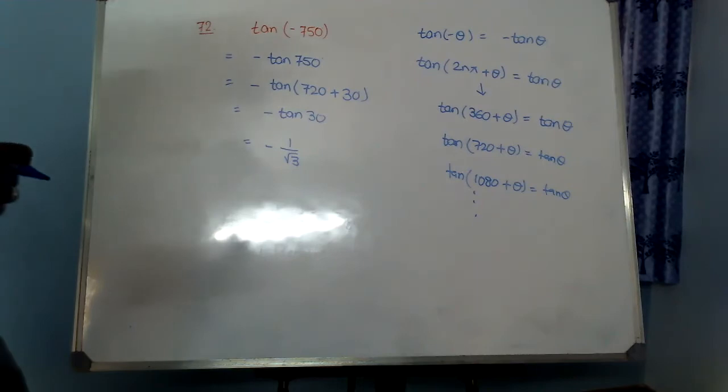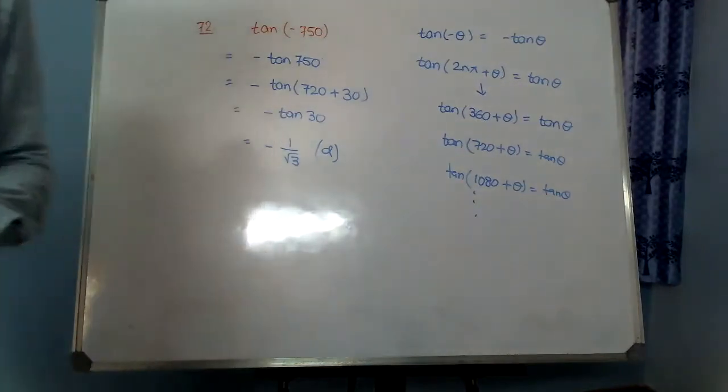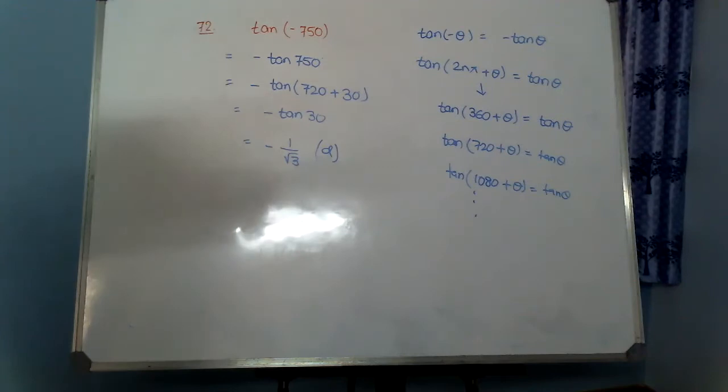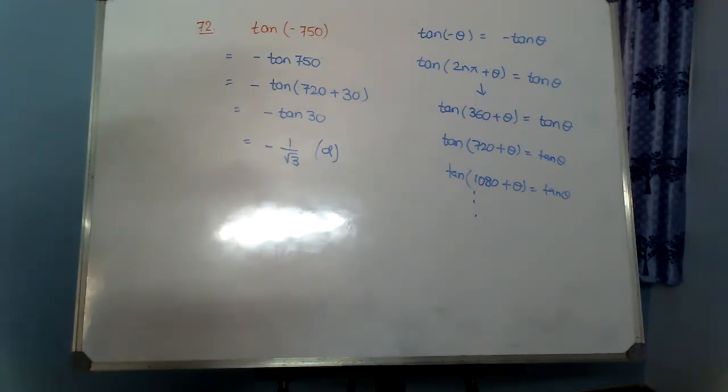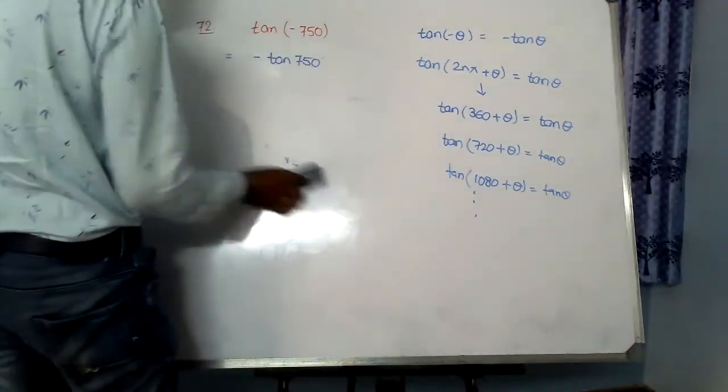Oh yeah, that's option D. I was looking at options in the 71st question. So that's your option D, correct? So this will be the value of your 72nd question. Okay, so hope till here you have no doubts. Let's move further. Okay, 73rd question, a lot of pi's are coming. Let's see what it is.